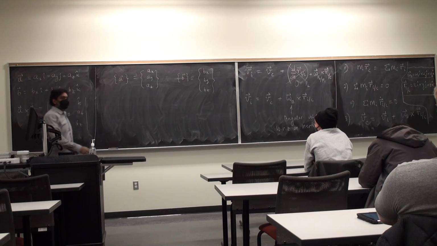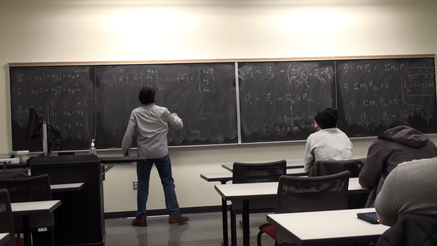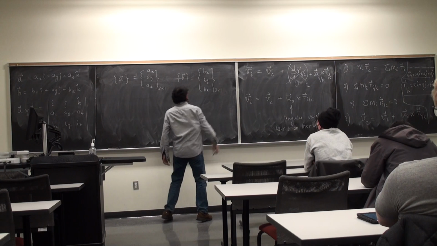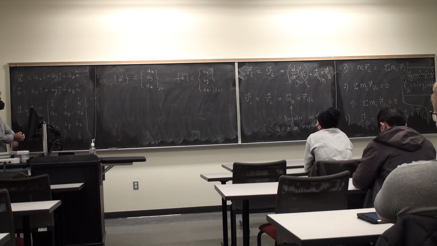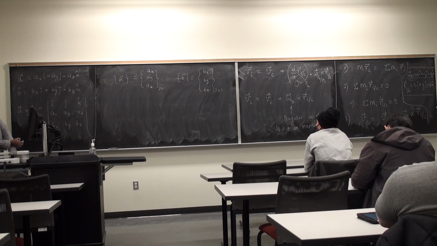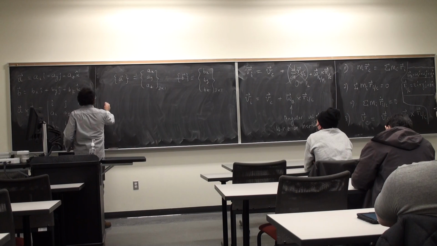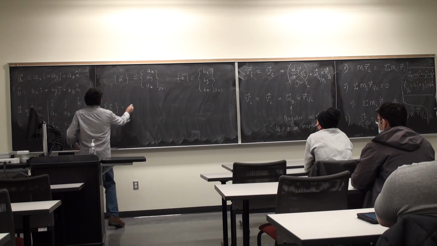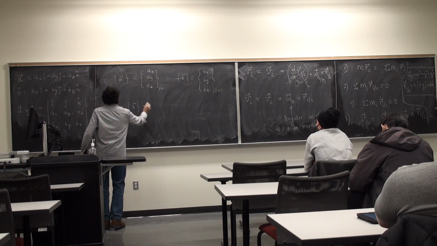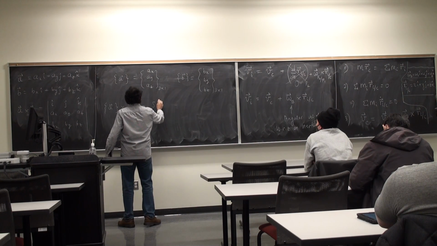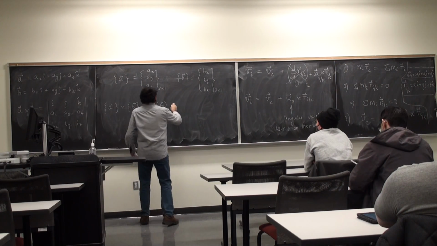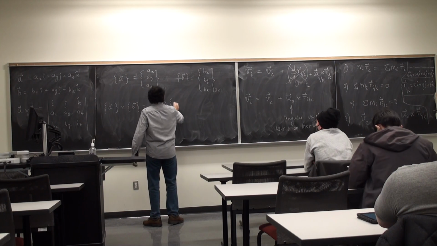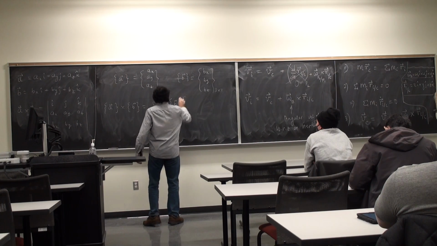So this is just a 3 by 1 column vector, 3 dimensions. And I'm going to say that the cross product of these two vectors is now S of A, hang on, I'll define what S of A is, times B.